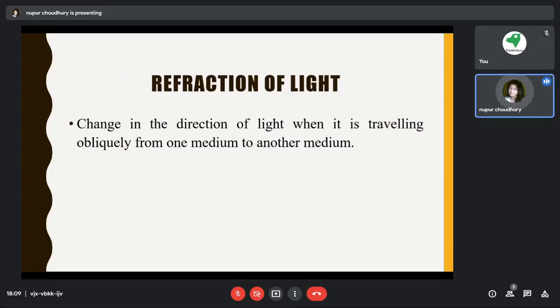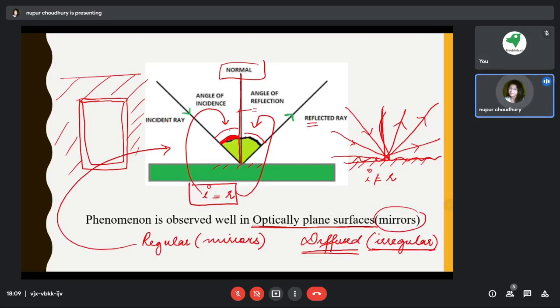Now talking about the refraction of light. This is another phenomenon exhibited by light, and it happens because of the change in direction of light when it is traveling obliquely from one medium to another medium. In reflection, everything was happening in the same medium. That means the incident ray, the normal, and the reflected ray were all lying on the same surface.